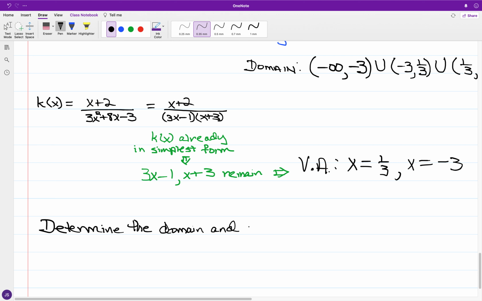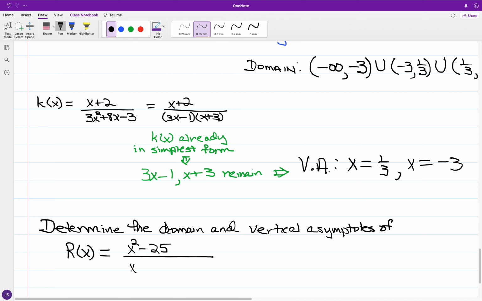Say you're looking for the domain and vertical asymptotes. We'll say we have r of x equal to x squared minus 25 all over x squared plus 7x plus 10.